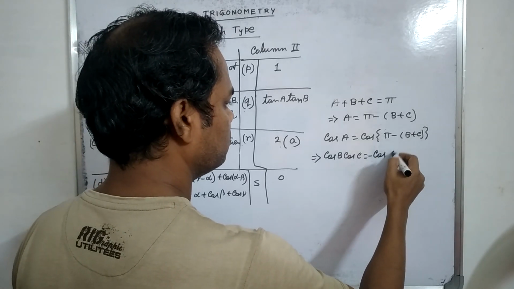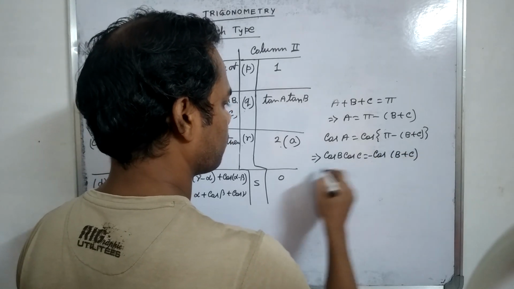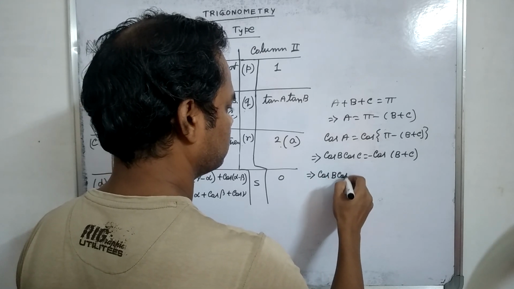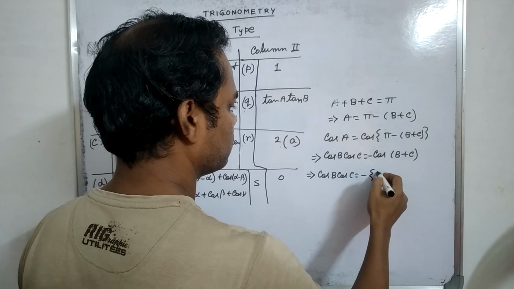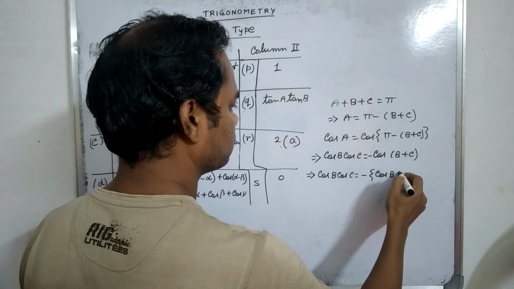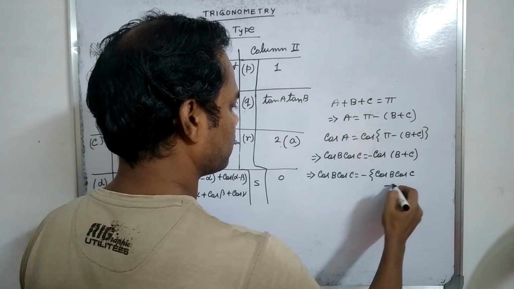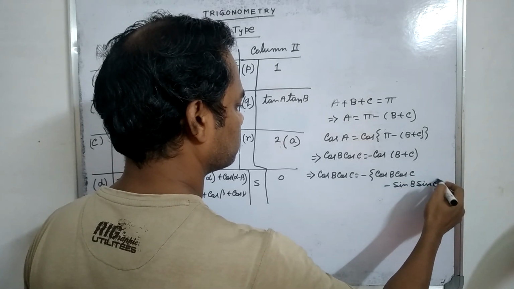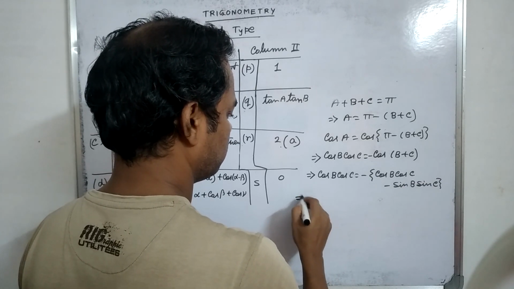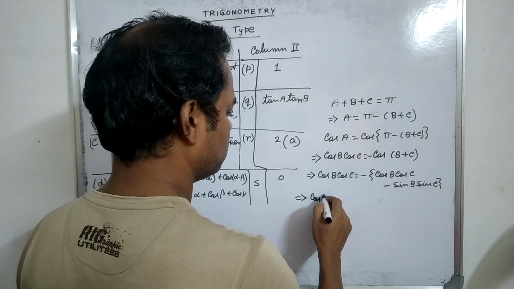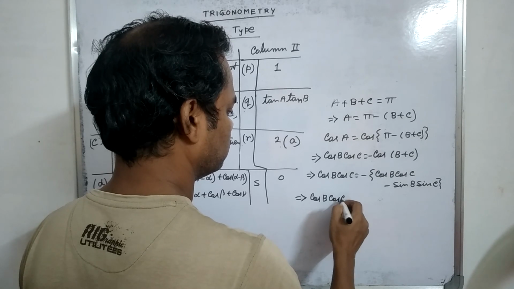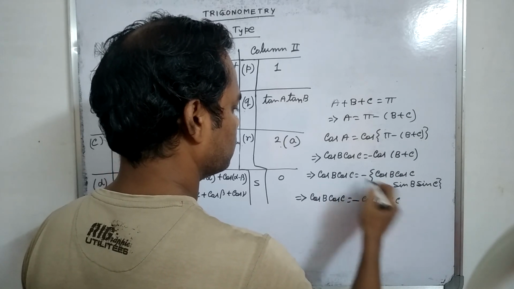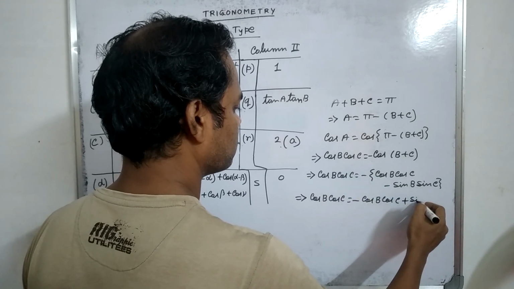So minus cos (b plus c), so minus of cos b cos c minus sin b sin c. So cos b cos c equals minus cos b cos c plus sin b sin c.